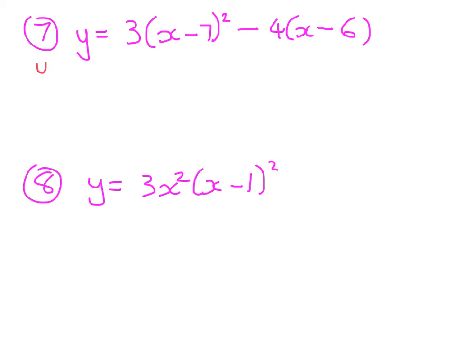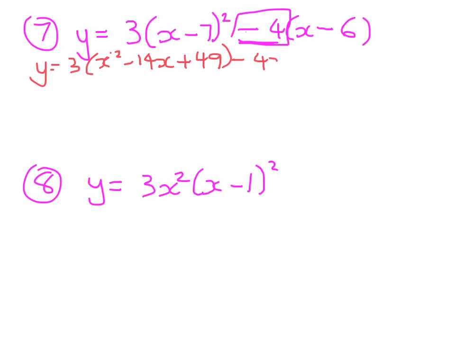Right, so practice again, simplifying, expanding and simplifying. So 3 times x squared minus 14x plus 49. Right, be careful here, we've got a minus, so it's going to be minus 4x plus 24 for that times that.